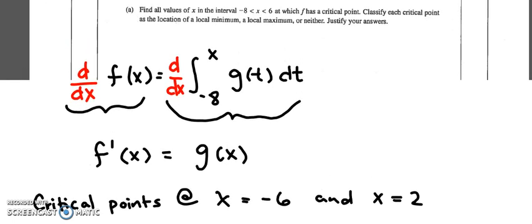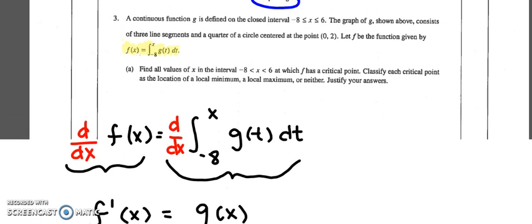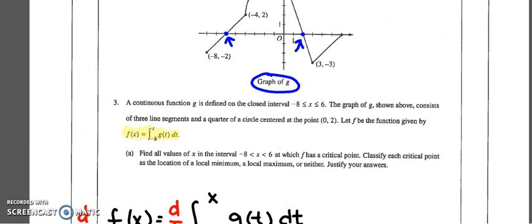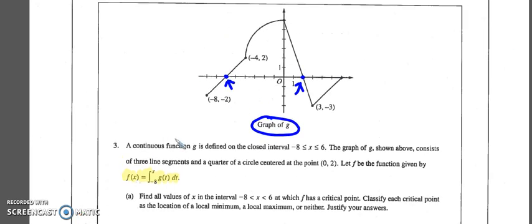The next thing we have to do is classify each critical point as a local minimum, local maximum, or neither. And that's pretty much the same as relative maximum, relative minimum. And remember that looking at the graph of g is the comparison of f prime of x. So f prime of x equals g of x.